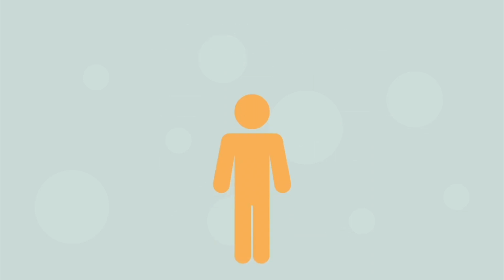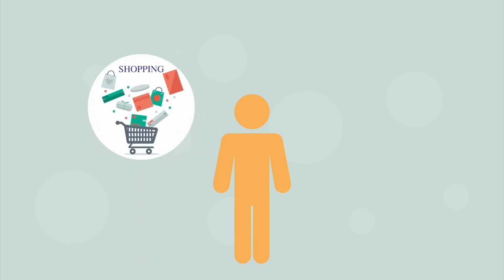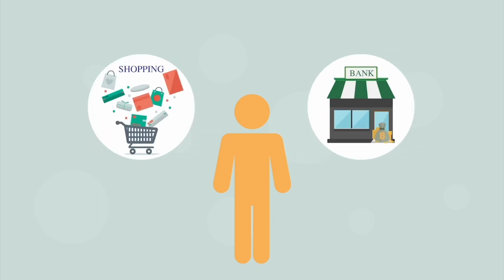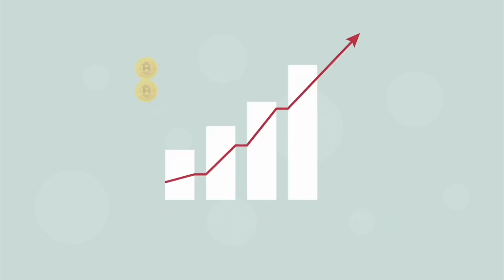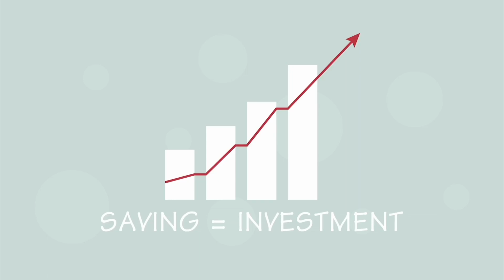When people receive income, they can choose to spend it on consumption or save it for future consumption, or investment. How much people will save depends on the saving rate, which is the fraction of income that is saved, represented by the small letter s. Because investment equals saving, I is equal to sY. So when the income is multiplied by the saving rate, it is also equal to investment.